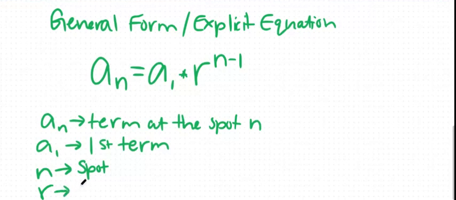And r is our common ratio. So that's what each of those pieces mean. Like I said, common ratio can increase or decrease depending on whether it's a decimal that starts with 0 or not. All the other pieces are the same as what we've seen before with arithmetic sequences.